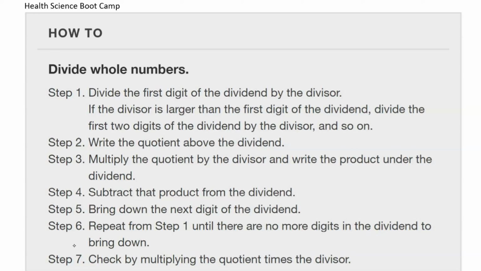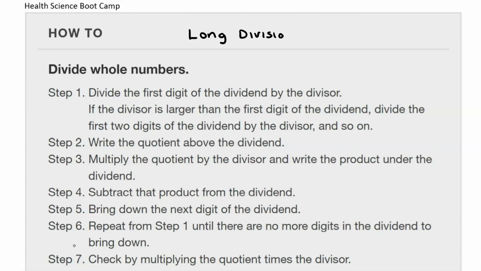So now, when you want to divide larger numbers that are not necessarily in your multiplication table, you're going to use a process which is called long division. And that's what this process is going to be called.